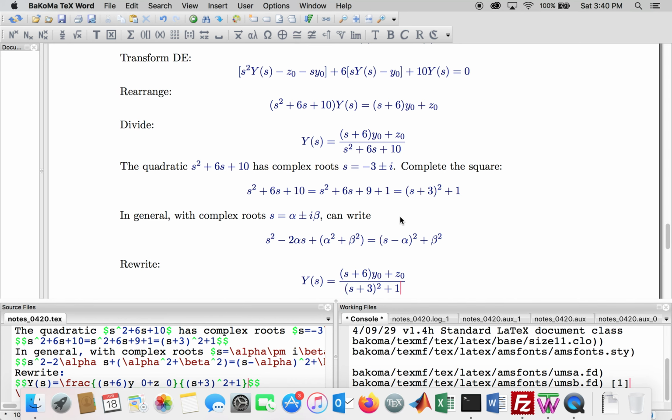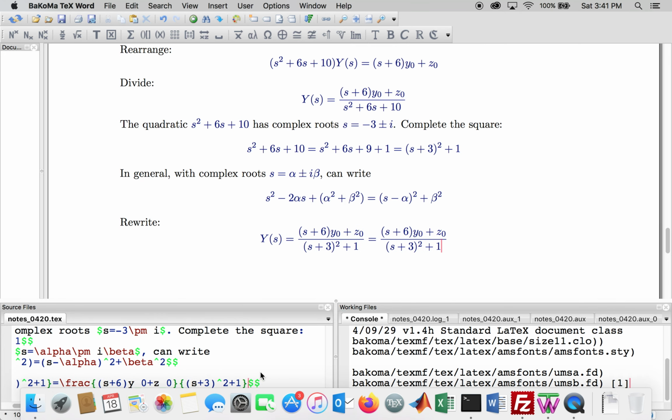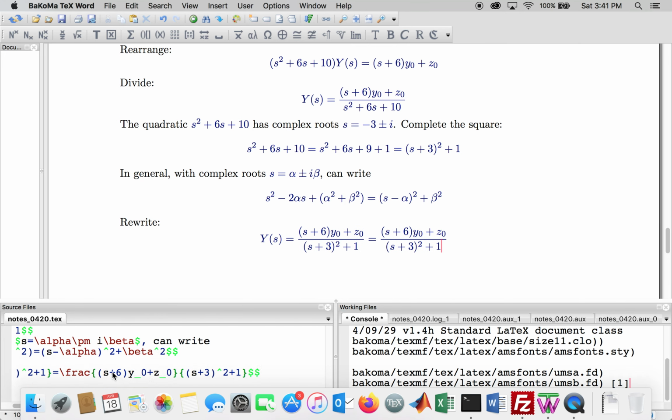Now, I could use the same trick as I did last time, so I could write this as s plus 3 minus 3. So I have s plus 3 minus 3.